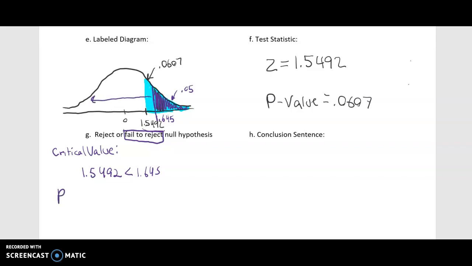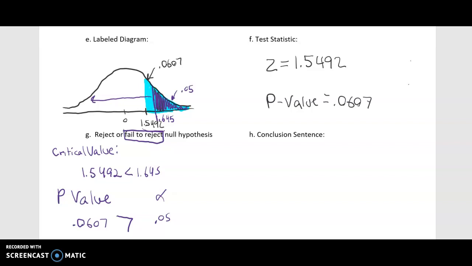Using my p-value method, I'm going to compare my p-value with alpha, which is 0.05. So my p-value is 0.0607, and that is greater than. And if p is high, null will fly. So we fail to reject.